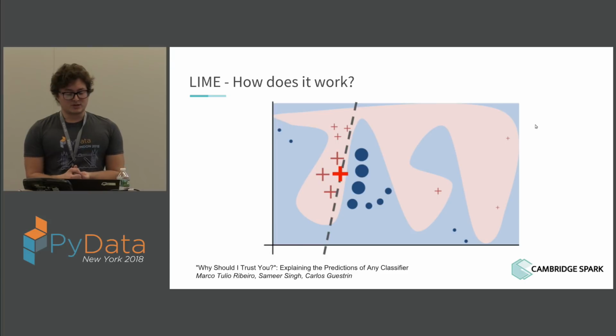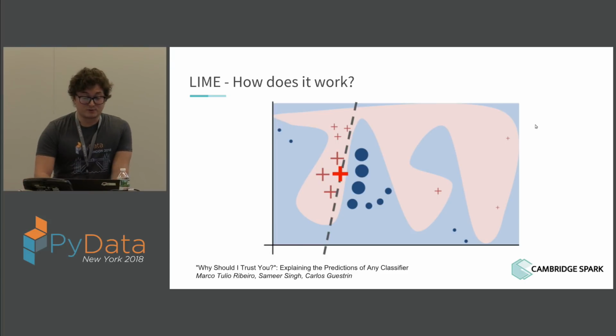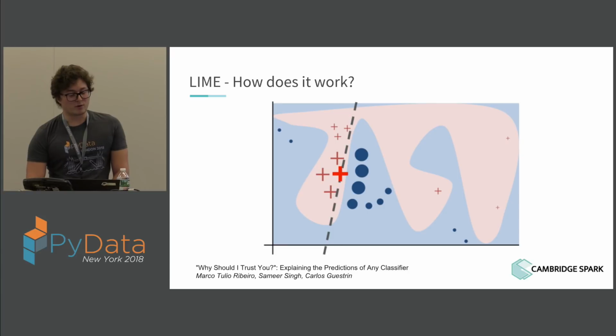So what Lime does, it's trying to, for a given observation, so here we want to say wherever the cross is here, we want to generate an explanation of this decision. So what Lime will do is trying to approximate your model with a linear model in this area, and then use the weights of that linear model as interpretation, as we've done before with Eli5, for example.